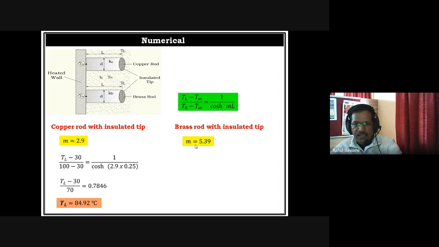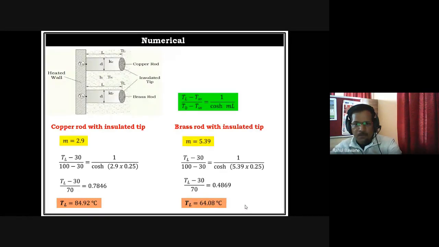Now for brass, m value 5.39. If I use this m value in our relation, TL minus 30 upon 100 minus 30 is equal to 1 upon cosh of 5.39 into length 0.25. So only one parameter is unknown, that is TL. So for brass, tip temperature will be 64.08 degrees centigrade.